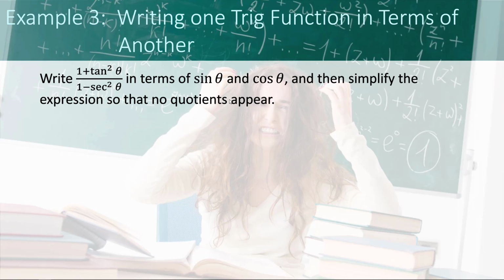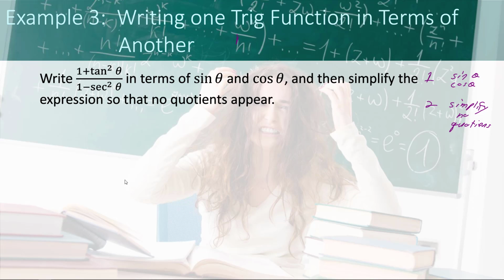But basically, we have two steps. One, express in terms of sine theta and cosine theta, and two, simplify so that there are no quotients. So once you finish 2, your answer may not be in terms of sine theta and cosine theta. That's the primary point that we have here.